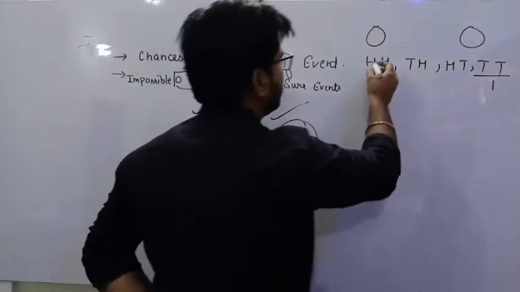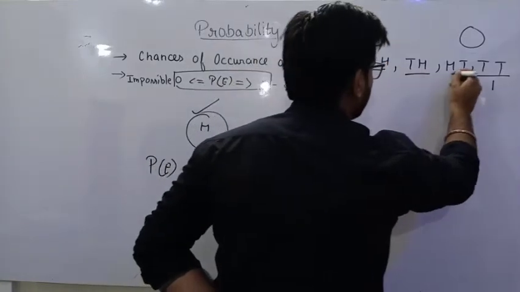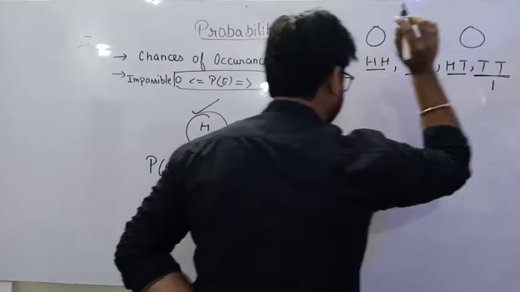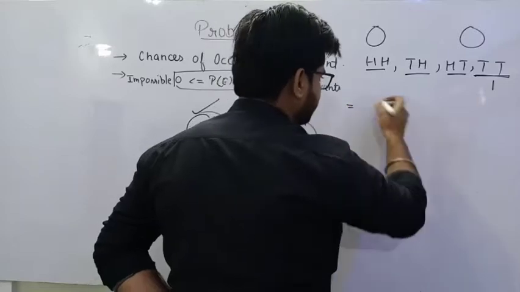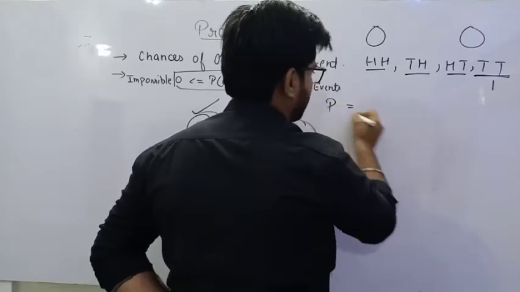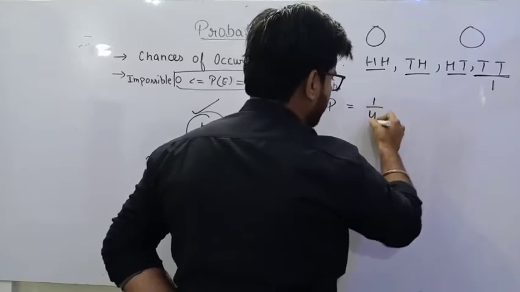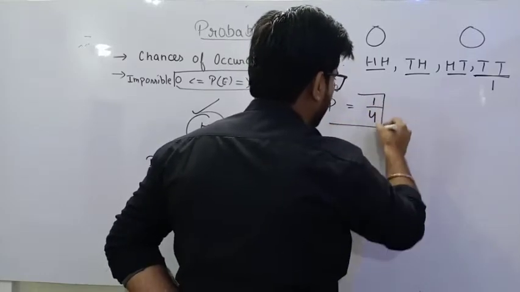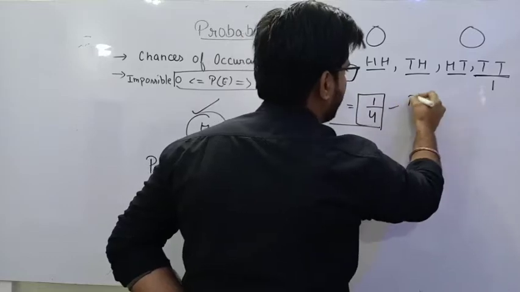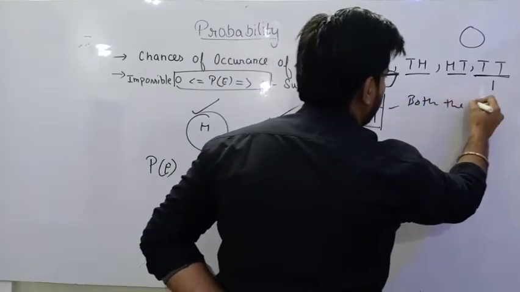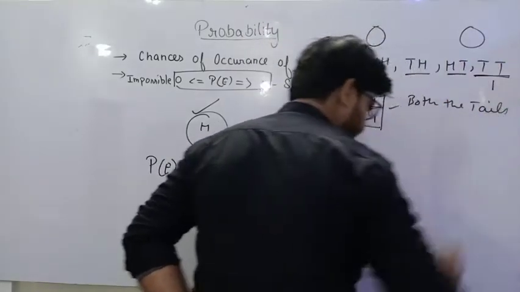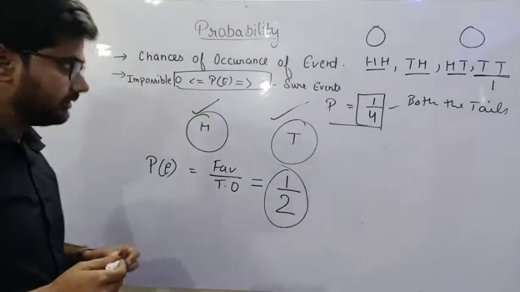We count: 1, 2, 3 and 4. So probability is equal to favorable outcomes, meaning 1, upon total outcomes, meaning 4. 1 upon 4 is the probability for both tails.